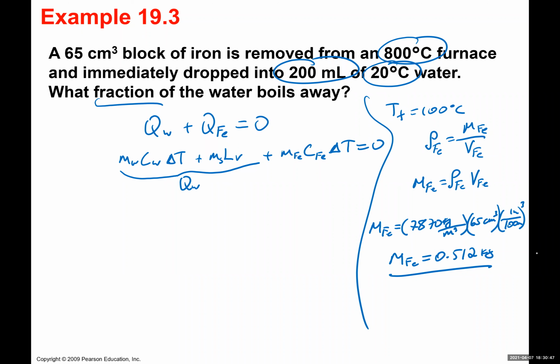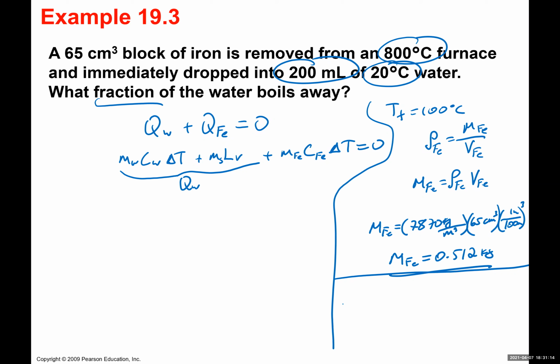The only thing, maybe we also need to convert the 200 milliliters of water into kilograms. Okay, where 200 milliliters can be converted, again using the same equation, right?